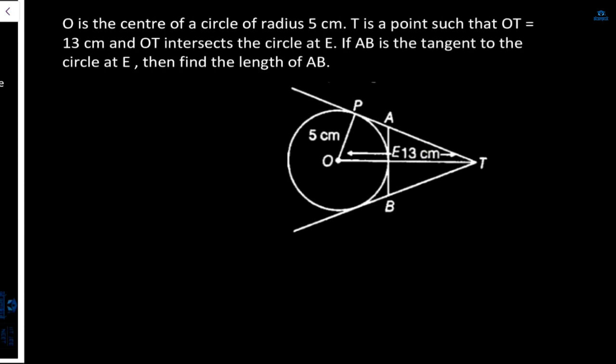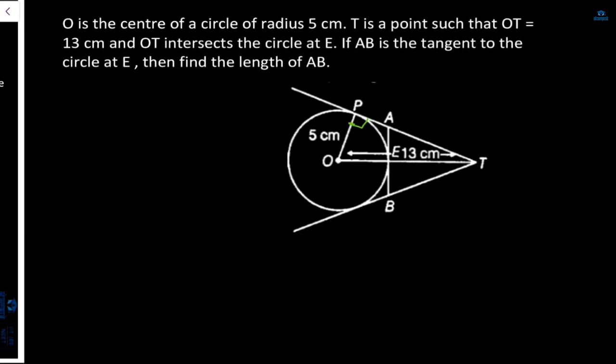Ma'am, we can do it like you taught before. You can find out the value of PT, since OP is given and OT is given, and this will be 90 degrees. Yes, ma'am, we can use the Pythagoras theorem and find it. PT will be 12, a Pythagorean triplet.